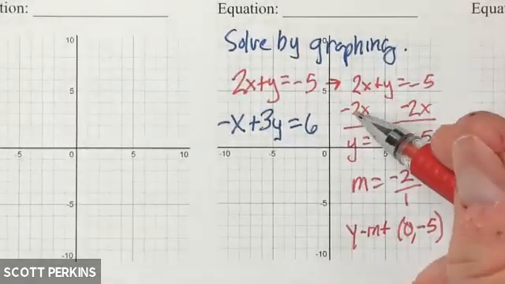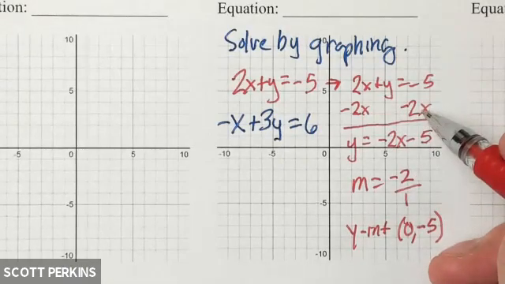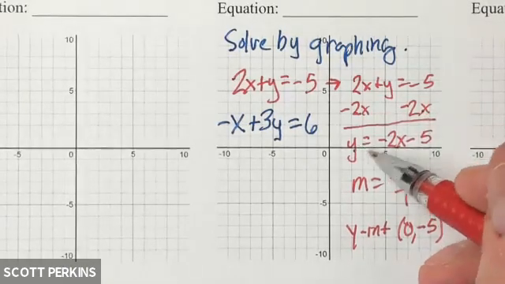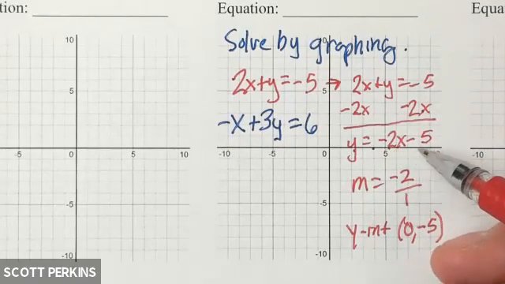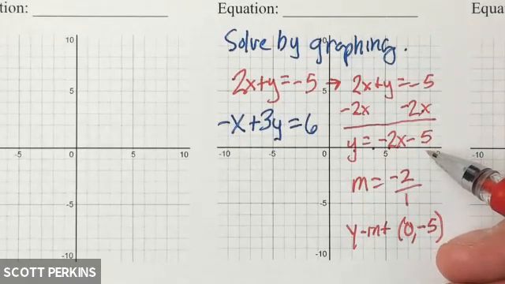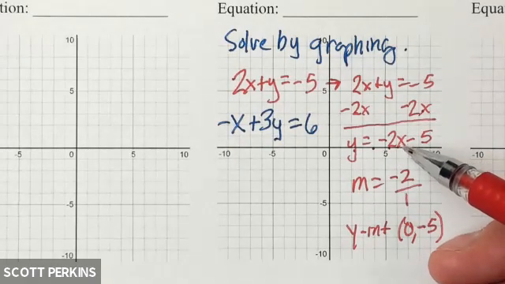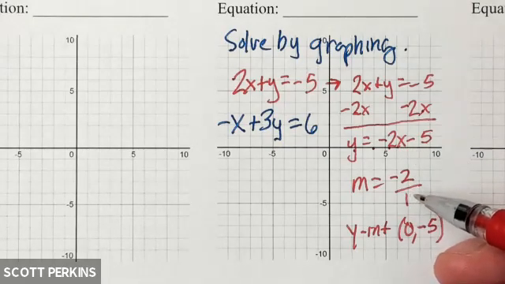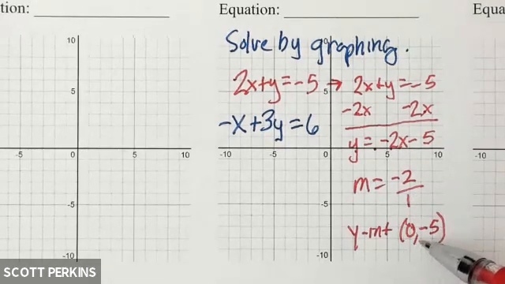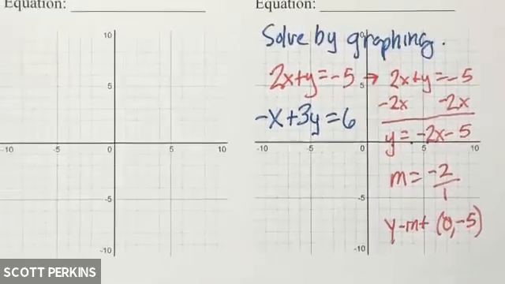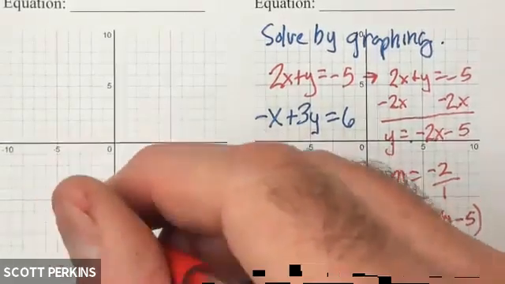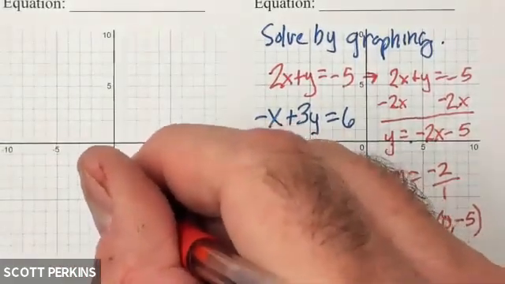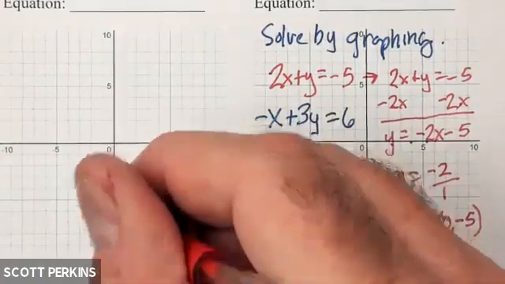So I'm going to subtract 2x from both sides, and that gives me the equation y is equal to -2x minus 5. The slope is always the number in front of the x, so that's -2, which I put over 1 so that I have an x direction and a y direction. And then my y-intercept is -5. So I'm going to come back over here to the grid. My y-intercept is -5, so that is this point right here.